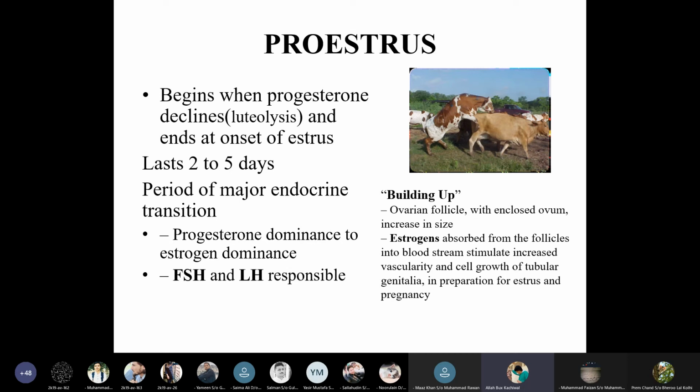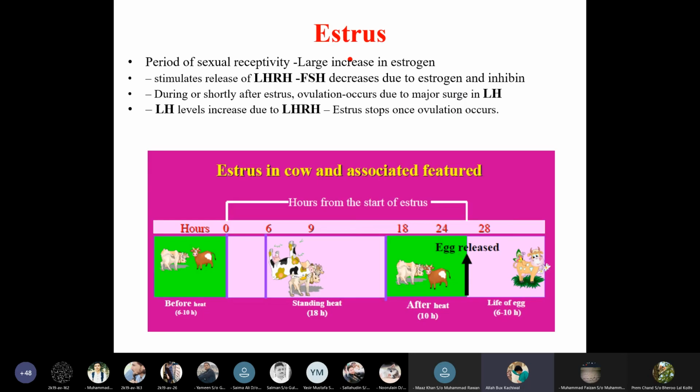Mostly the proestrus develops the female, and there is a preparation of estrus in which the animal mounts on the female mares, so that this mounting shows that the estrus has started.